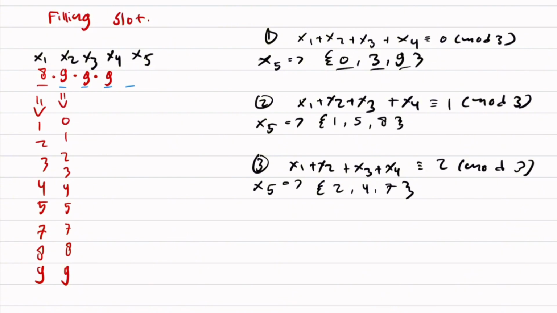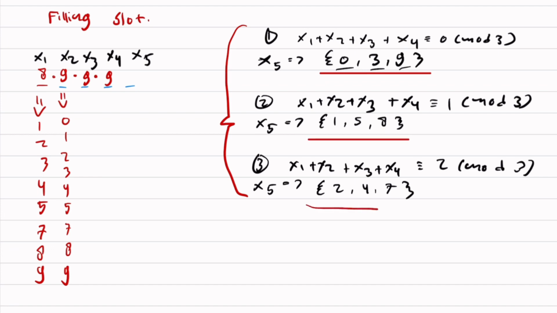Okay, so we're done with these 3 cases. And notice that each case always gives us an outcome of 3 possible numbers for the spot of x5. See? Let me highlight this. 3 possible outcomes, 3 possible outcomes, and 3 possible outcomes.